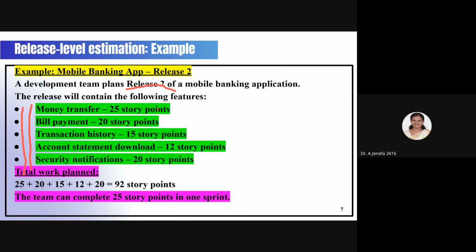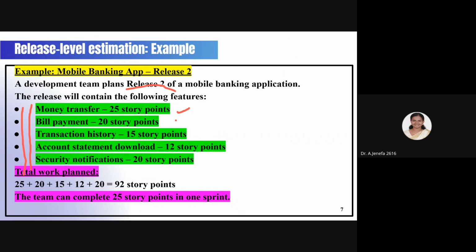Then the story points. As you all know, after getting feedback from the user, the feedback will be converted into user tasks, user stories. For money transfer, we need to complete 25 user tasks. That is 25 story points.